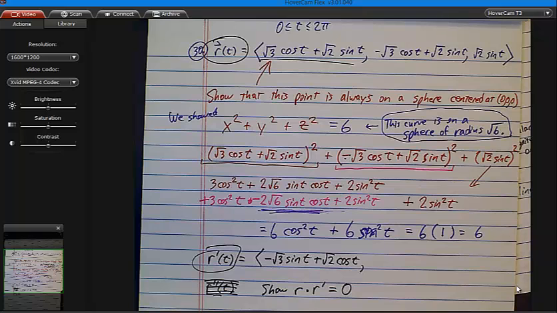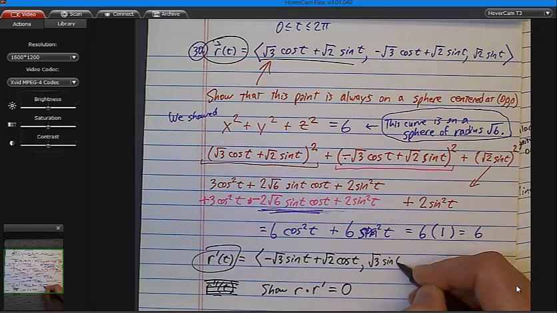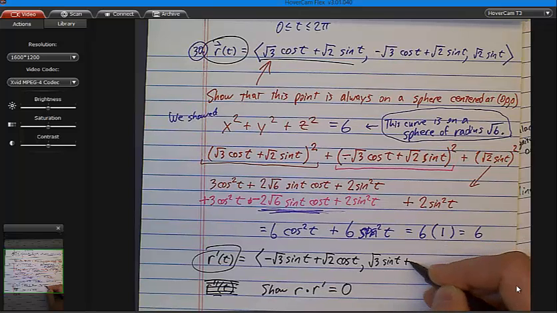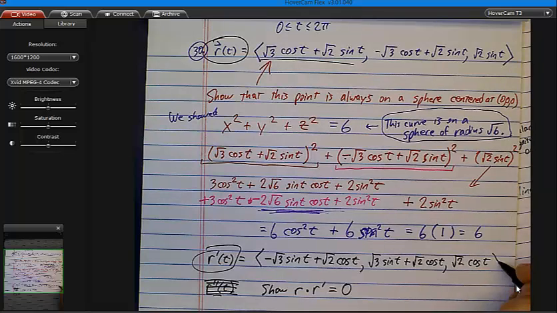Now I'm going to do the second piece, and so I'm going to get positive radical 3 sine t plus radical 2 cosine t, and then I get radical 2 cosine t.